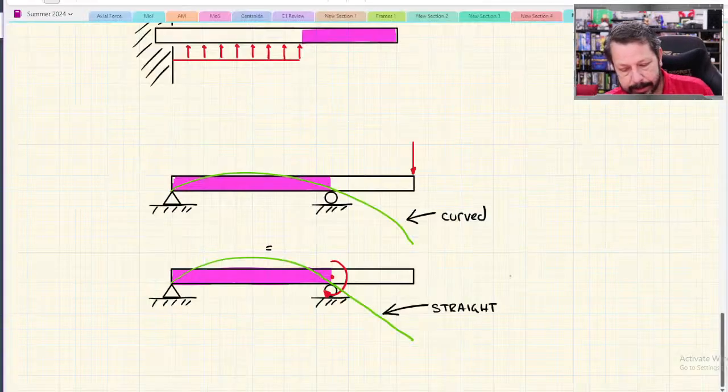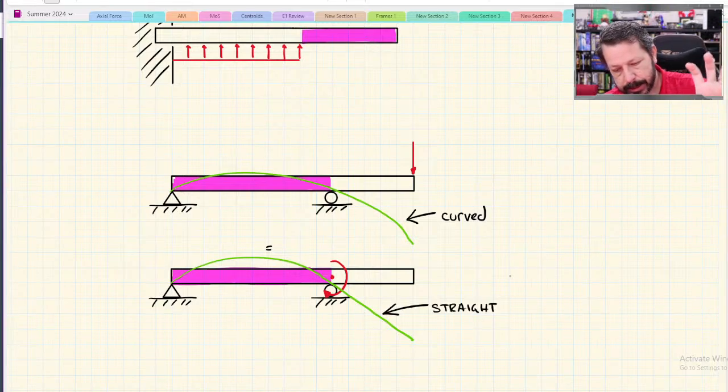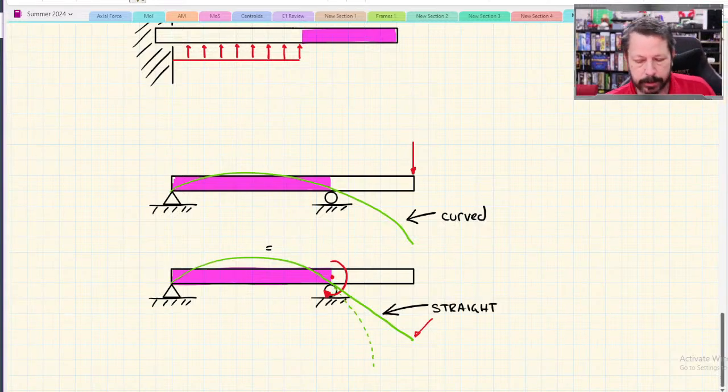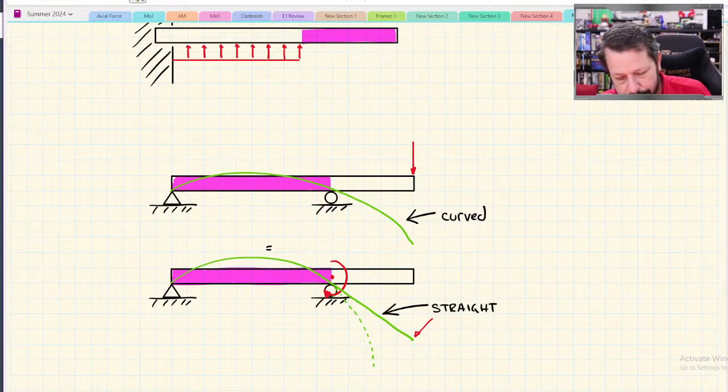We said that again, there's some angle that this section is tilted, and then we went and put that point load on it to figure out basically how much that point load made that part curve. The dotted line should match exactly my green line at the top, but it didn't.